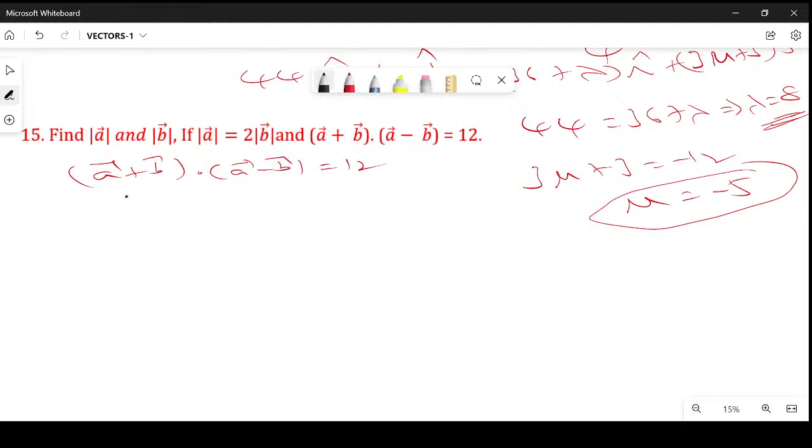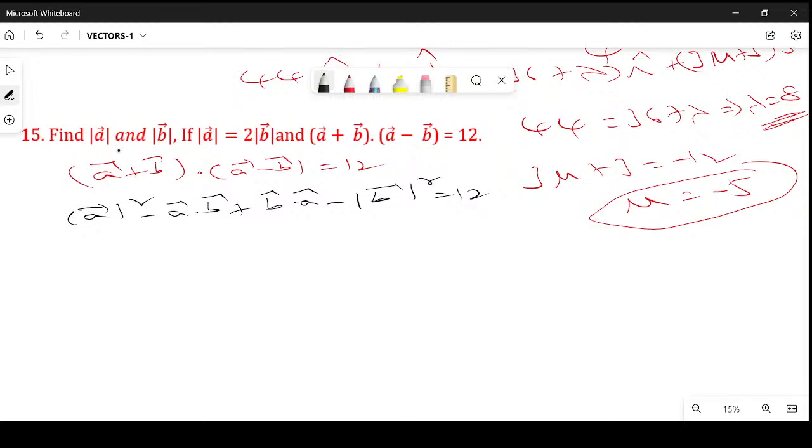Now we know that dot product is commutative: A bar dot B bar is also equal to B bar dot A bar. If you expand this, A bar dot A bar will come as mod A bar square, minus A bar dot B bar plus B bar dot A bar, minus B bar dot B bar which is mod B bar square, equal to 12.